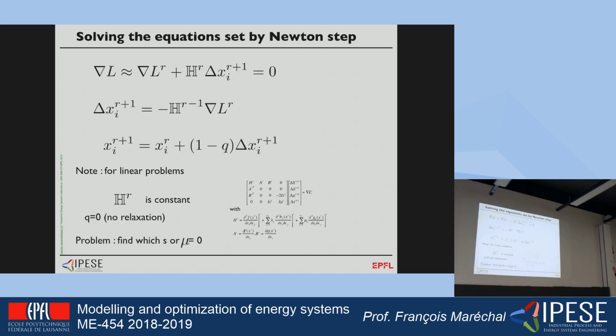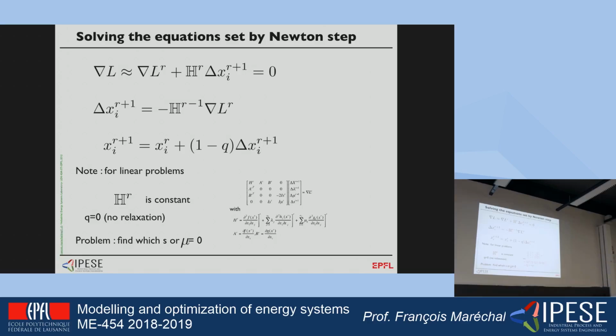Okay, but now, as I have this, I will be able to make steps and iterations, so calculate the new value. And again, I will try to be smart by saying, if the step defined by the first order expansion of the gradient is not giving me the expected result, so I'm not going towards a lower value for the norm of the gradient of the Lagrangian, then I will have to do relaxation.